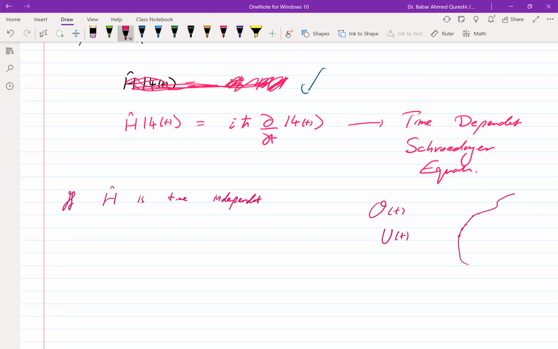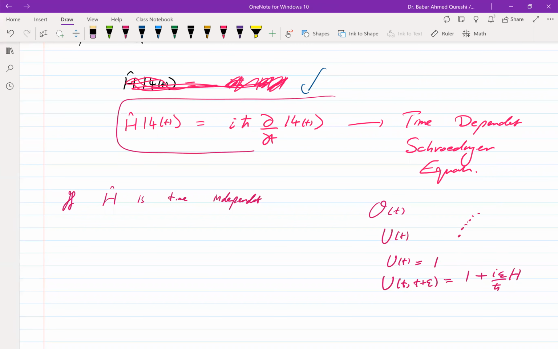But if I pick this kind of evolution where no matter where I start from, whatever value I put for t, going from t to t plus epsilon, I always do it using the same H, then I'm picking the same H every time, so H is time independent.